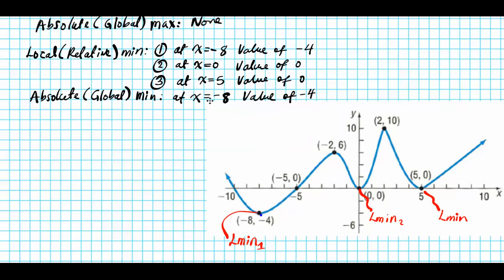All right. So just a key takeaway here is that your absolute is always one of your locals, but not all your locals are going to be an absolute. Sometimes you can have locals and none of them are absolute, but whenever you have an absolute, it is also automatically a local or relative min or max.